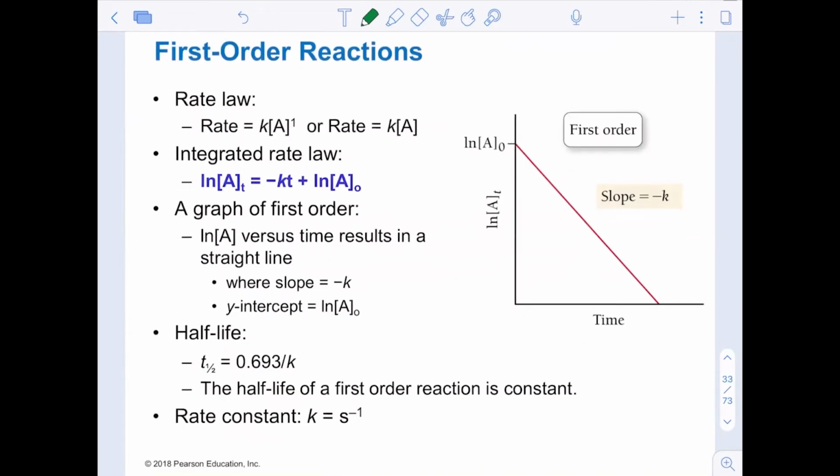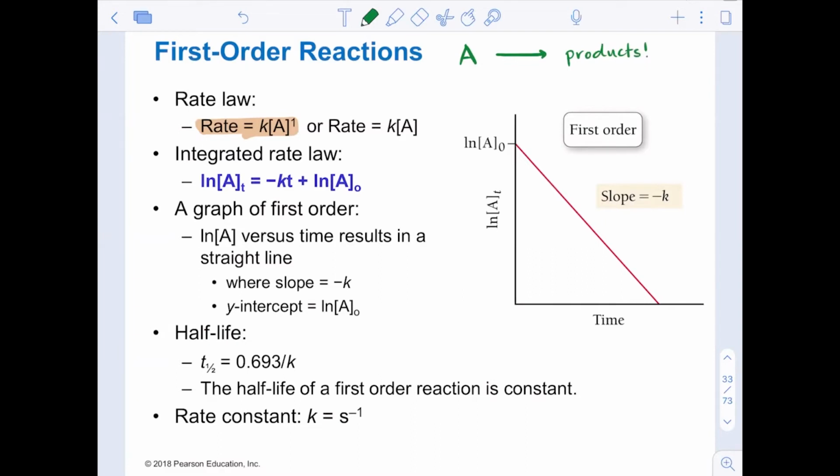For first order reactions, this was looking at rate equals the rate constant k times the concentration of A to the first power. Again, this is just for a very simple reactant A goes to some products. We don't care about the products. This is kinetics.